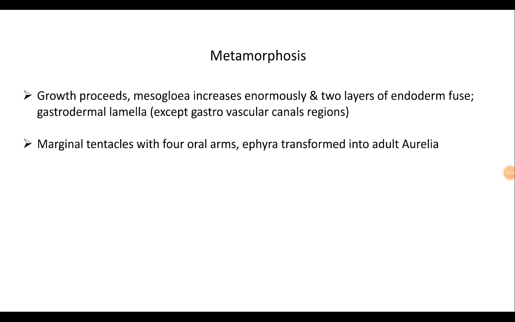And the umbrella of the 8-rayed ephyra becomes circular and saucer shaped and is finally transformed into adult Aurelia. An ephyra formed in winter becomes a sexually reproducing adult medusa by spring or in summer.